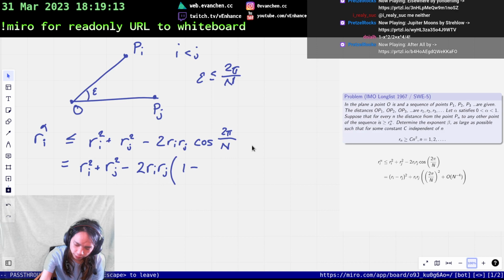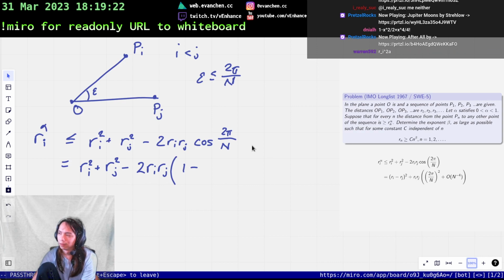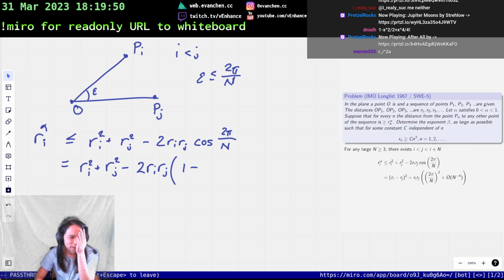The question is how fast does that force the r_i's to grow? I should be able to do this for large i: for any large N, there exist i and j with i less than j less than i plus N, capital N. Let me make sure I got the quantifiers right. Let's say N is greater than 3. I don't really want to deal with N equals 2. Then it's just stupid.